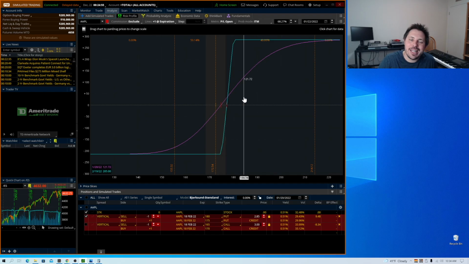Okay, I can't stress this enough. This is super important. Once you understand this, once you get how this works, you can really do a lot of damage when you're using these credit spreads, because they can be so lucrative when you know what you're doing and how to do it correctly.